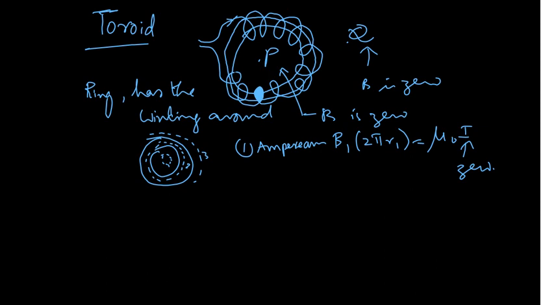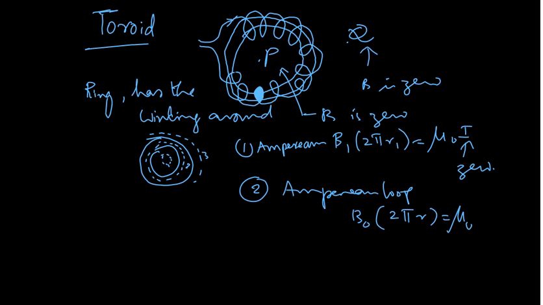Now only the second ampere loop. That second ampere loop is similar to what we have done. Therefore, we get B into 2 pi R equal to mu naught N I. So for the second loop, B into 2 pi, whatever radius you want to put there, R, equal to mu naught, it's an empty space, N into I. N is the number of turns you require.